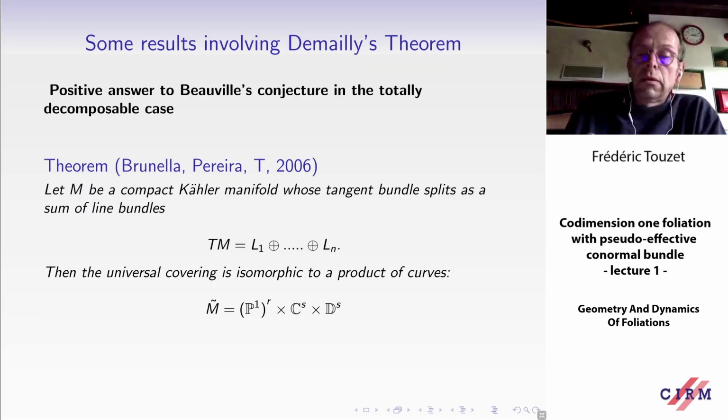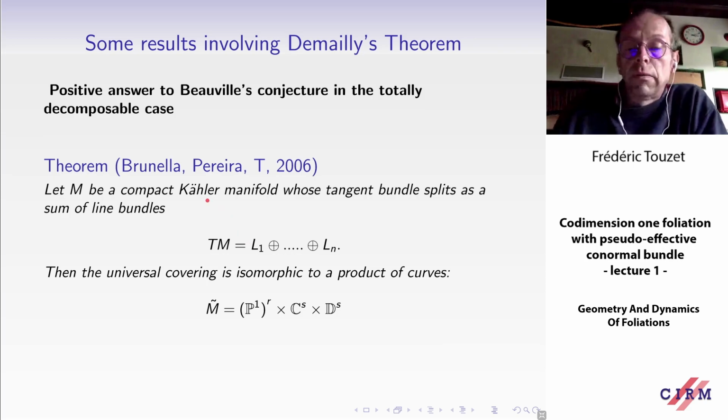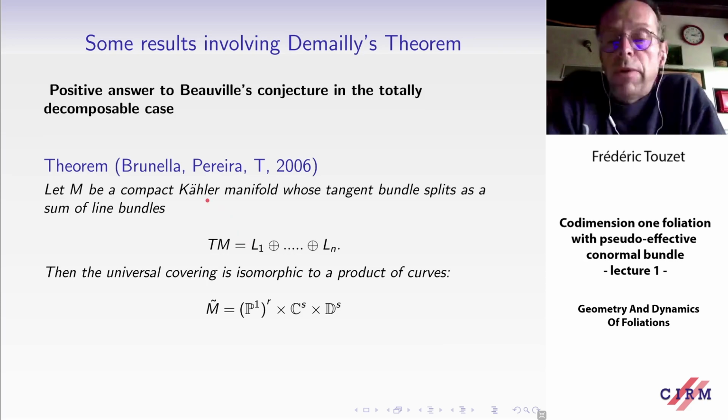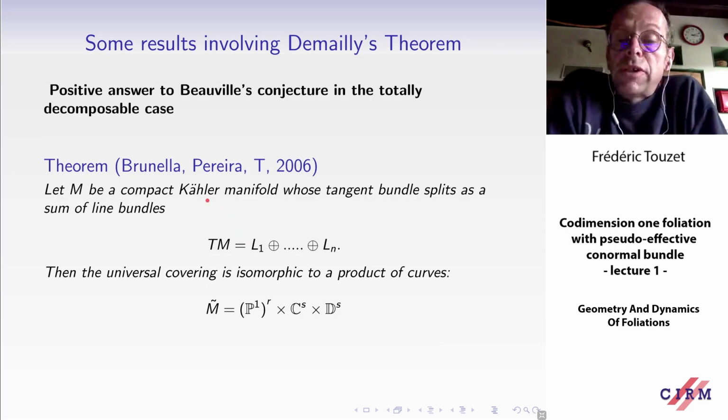And with Marco Brunella and Georges Pereira, we proved in 2006 that the conjecture holds when the tangent bundle is totally decomposable. This means that the tangent bundle splits as the sum of line bundles. In this case, this implies that the universal covering is isomorphic to a product of curves.